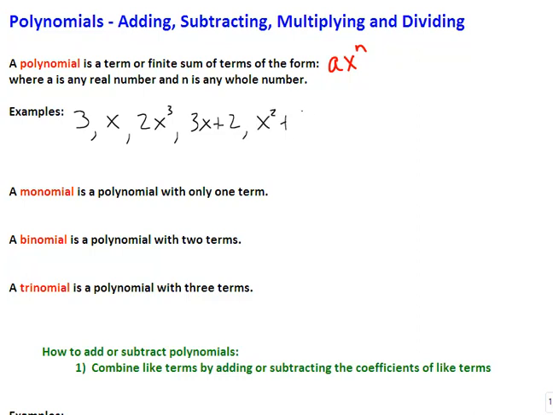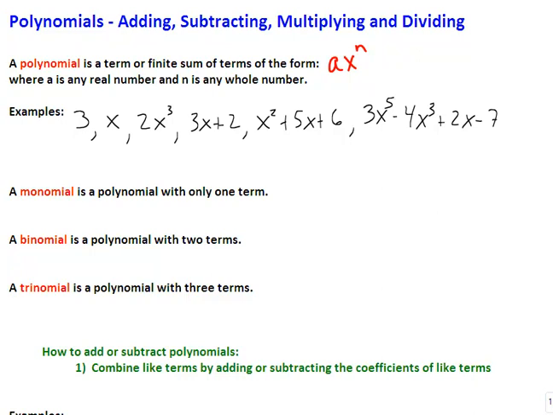X squared plus 5x plus 6, or even something like 3x to the 5th minus 4x cubed plus 2x minus 7. So all of these are polynomials because they contain powers of x, where the powers on the x are whole numbers, and you have coefficients in front. Terms can be added or subtracted.